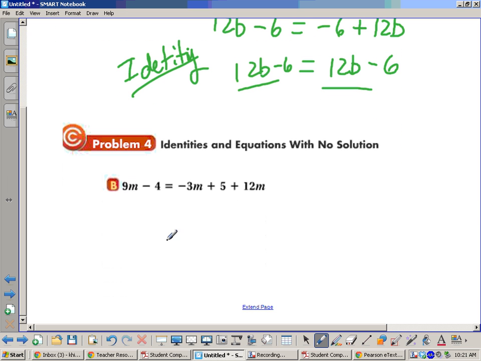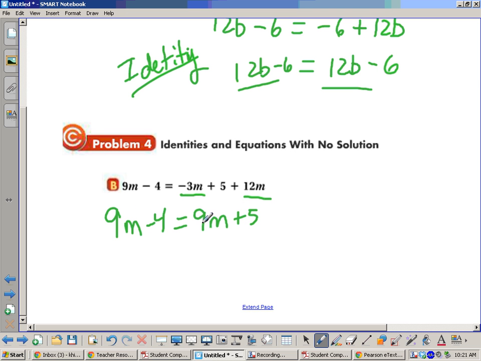Now the example down here, before we can actually identify whether this is going to be a solution, an identity, or no solution, we actually have to take this -3m and this 12m and combine them. So -3m plus 12m will give us 9m plus 5. Well, we can see we already have a 9m on this side, 9m minus 4 and 9m plus 5.